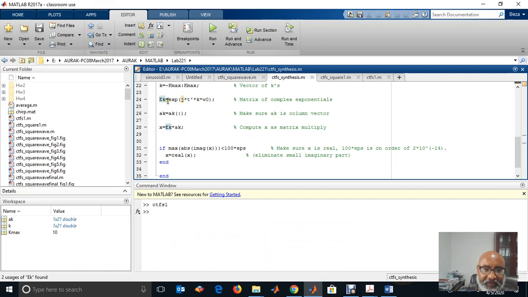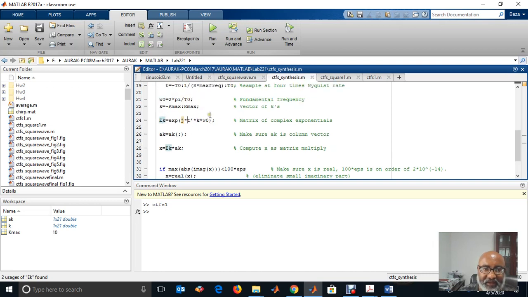We define ek as the exponential of j t transpose times k times omega naught. K is here from minus Kmax to Kmax, a row vector, and t was a row vector, and we changed it to a column.